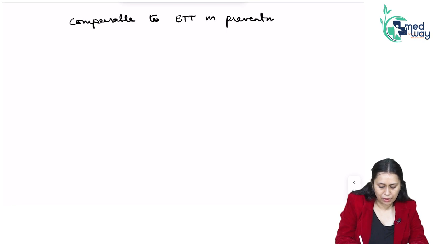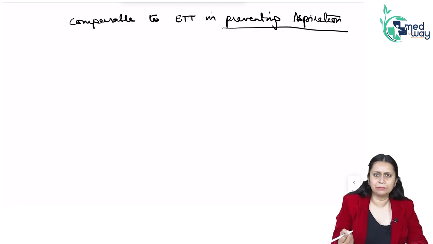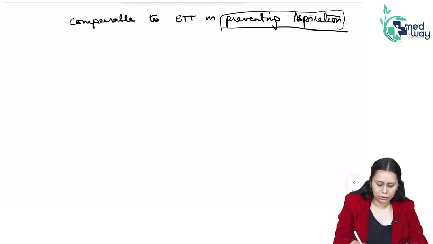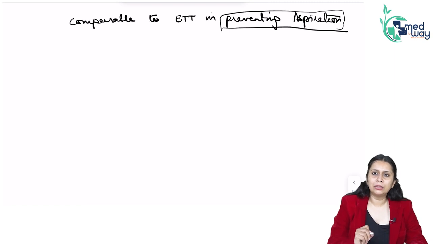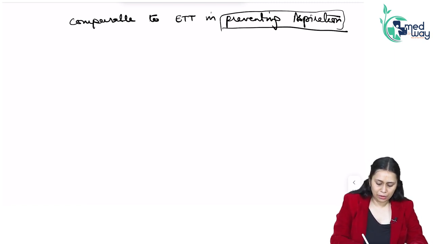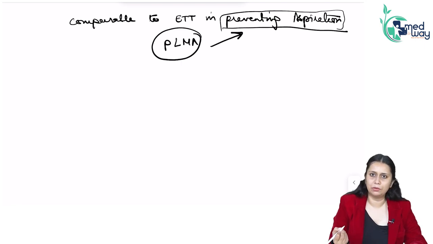It creates a very good seal in preventing aspiration. Insertion is the same. So this is the benefit of ProSeal LMA, which is comparable to ET tube in preventing aspiration.